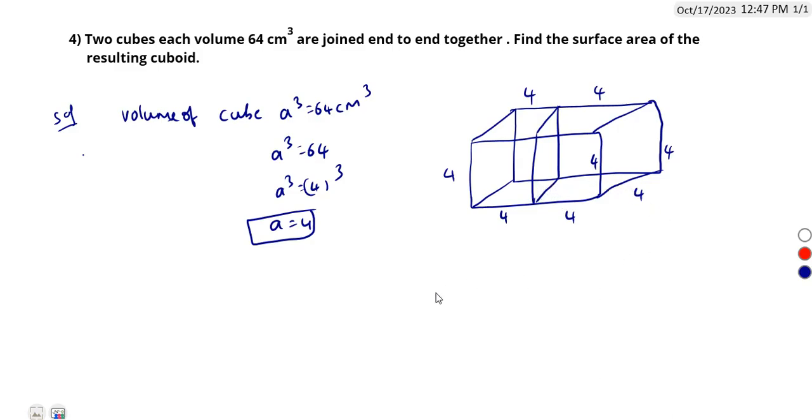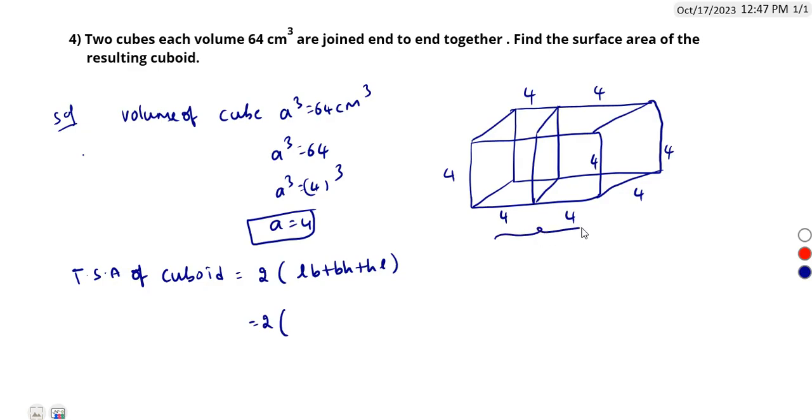Total surface area of the resulting cuboid, TSA of cuboid equals, formula is 2 into (LB plus BH plus HL). Length is 4 plus 4, 8.